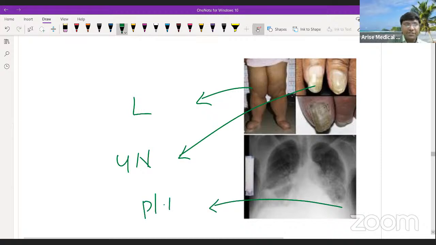The pulmonary manifestation can be in the form of pleural effusion also. So please remember, yellow nail syndrome is characterized by a triad: lymphedema, yellow nails, and pulmonary manifestations. Pulmonary manifestations can be chronic cough, bronchiectasis, and pleural effusion. And you need to do symptomatic treatment.